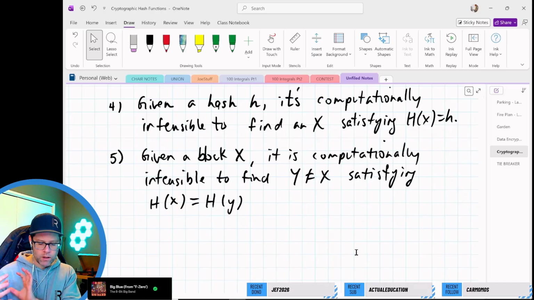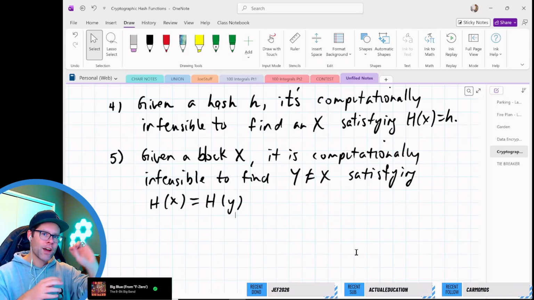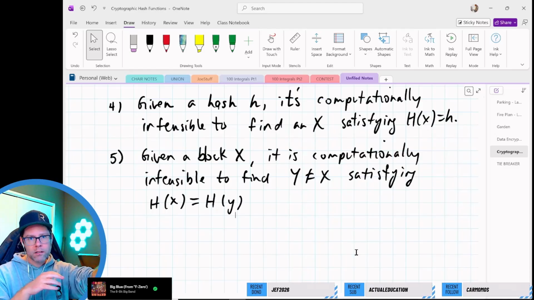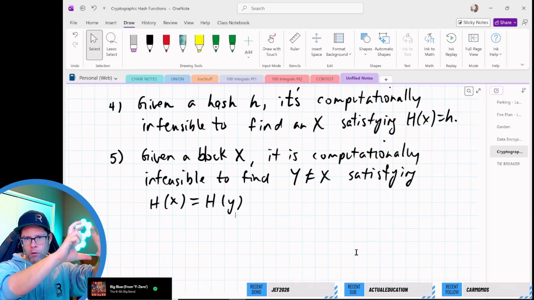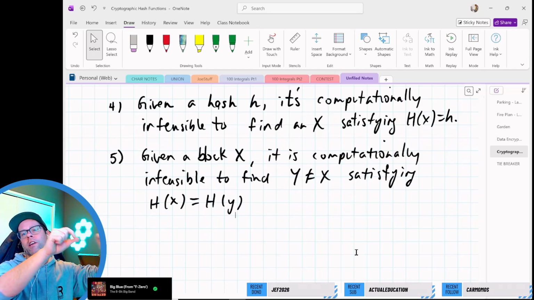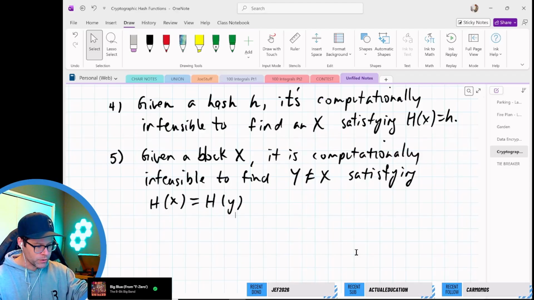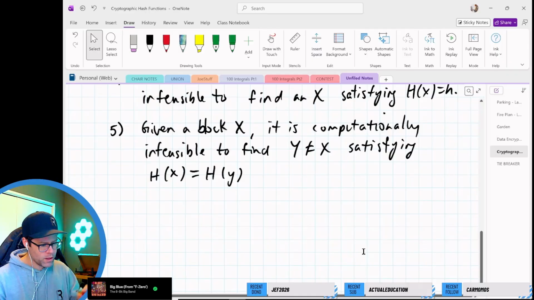But I want it to be difficult to find another input that gives me the same output. Because when I'm thinking about databases and storing information, that hash is going to get stored in a particular spot based on maybe some of the outputs of that hash. And I don't want a collision to happen. So I don't want another input block to land in that same box over here on the database side. Otherwise, we're going to run into some integrity issues. So that's the idea with number 5.